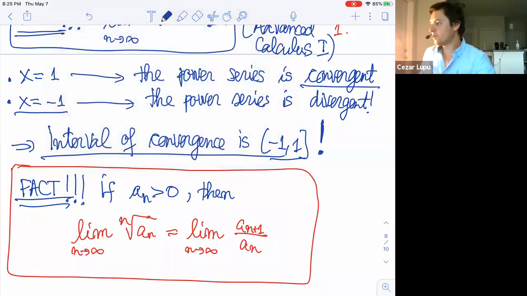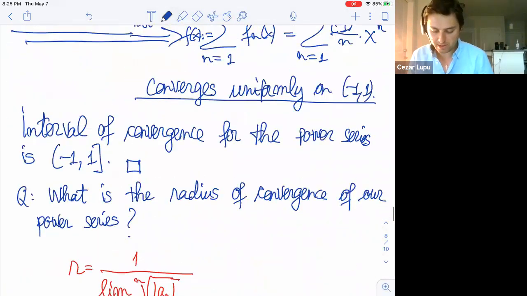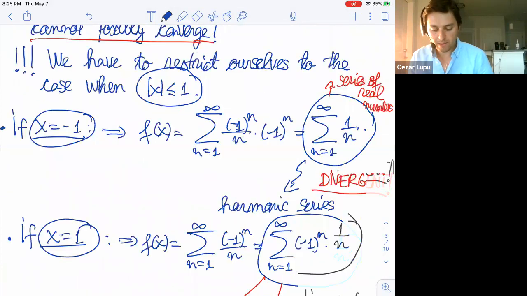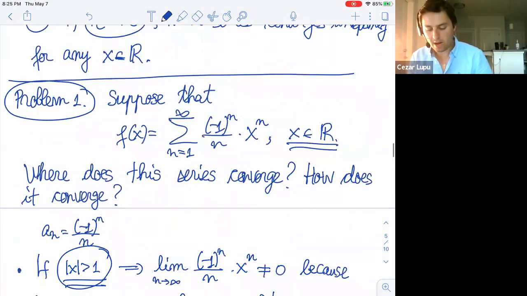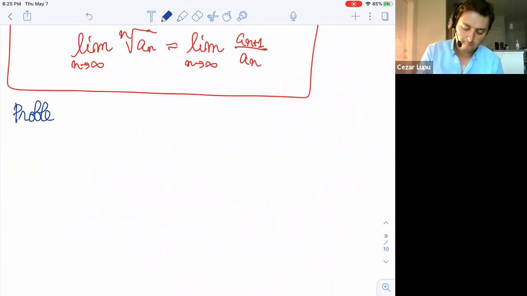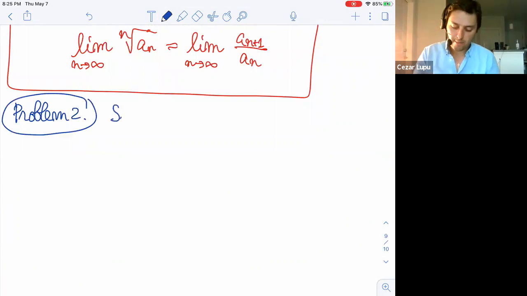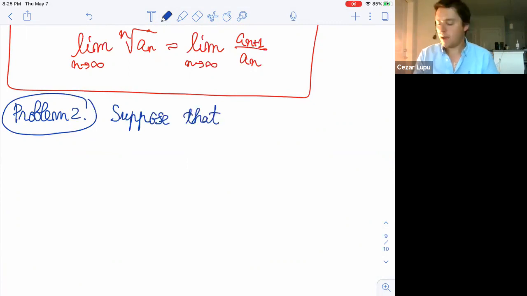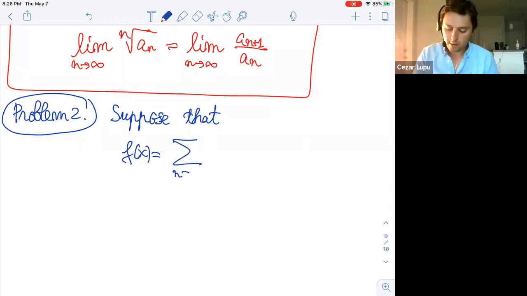All right, now let's go with the same thing with 2 other examples that I want to give you. So this was the first example. We've done it the hard way, where we analyze and prove everything, and now let's do it easier. Problem 2. This would go very fast. In fact, suppose that f of x is the sum from n equals 1 to infinity of x to the n over n factorial.